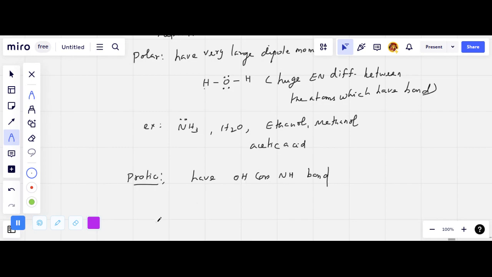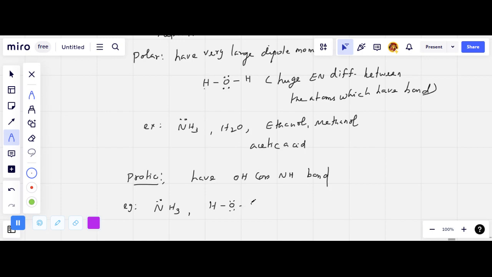For example, ammonia. If you take ammonia, here there will be an NH bond, no? So NH bond. For example, it is NH3. And if you take ethanol, C2H5OH, this is ethanol, OH bond, no?